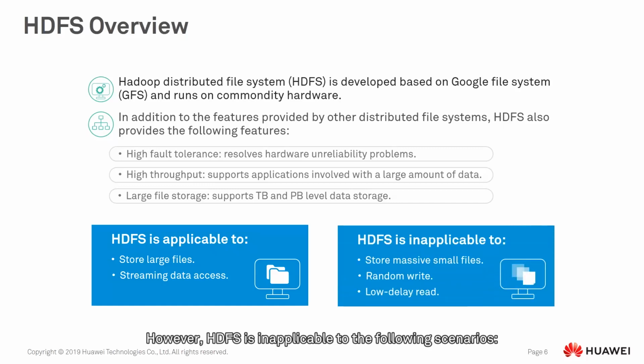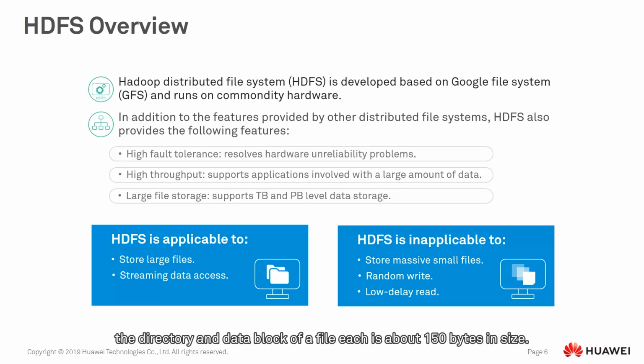However, HDFS is inapplicable to the following scenarios. First, storing massive small files. Actually, metadata of a file system is loaded to memory of a specific server called name node. So the number of files that can be stored in the system is restricted by name node memory capacity.